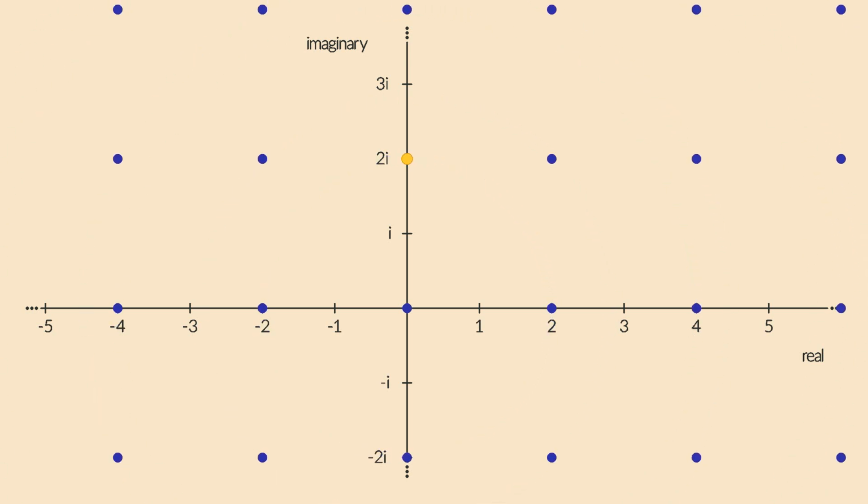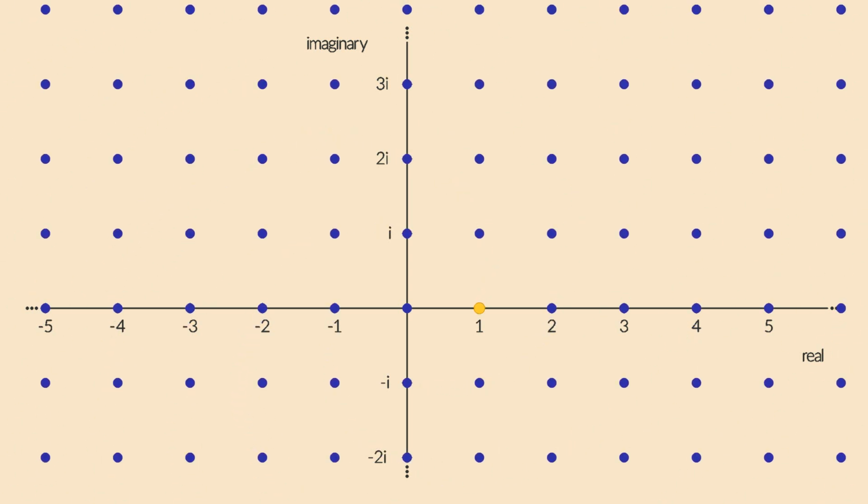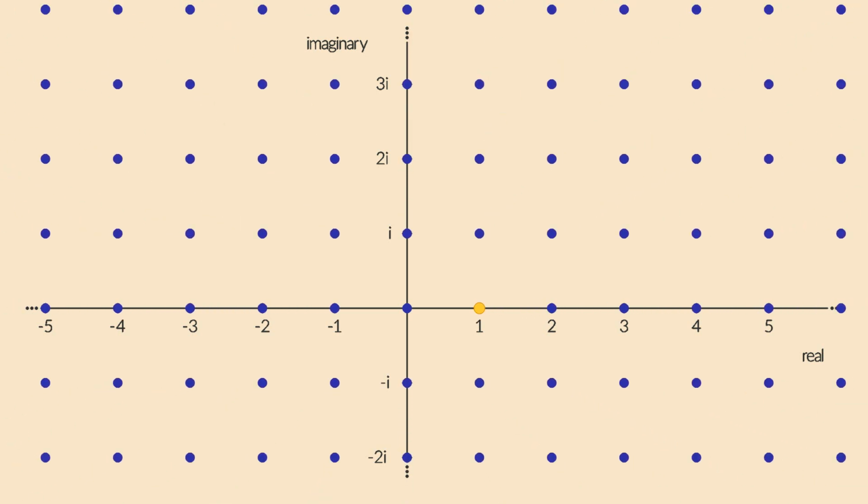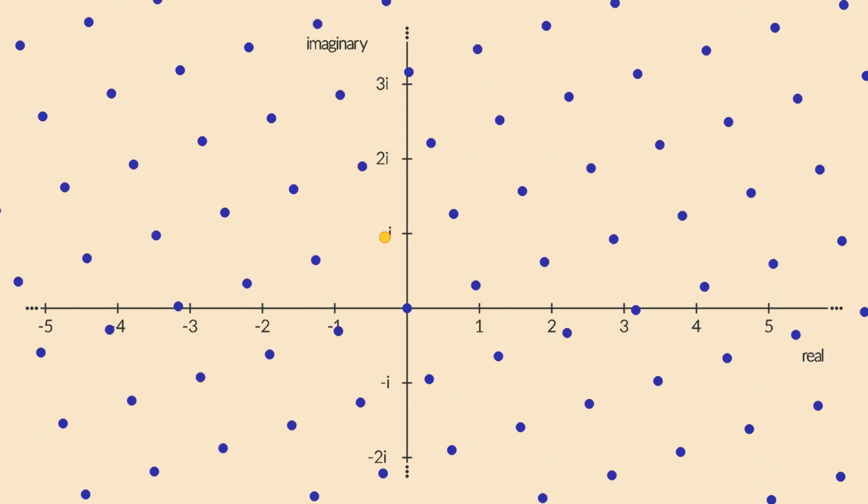The result is the same. So the geometry of multiplication still consists of stretching, shrinking, and rotating, just like it did for the reals. But we now get rotation over any angle, not just 180 degrees. This turns out to be the most natural extension of one-dimensional real multiplication to two-dimensional multiplication.